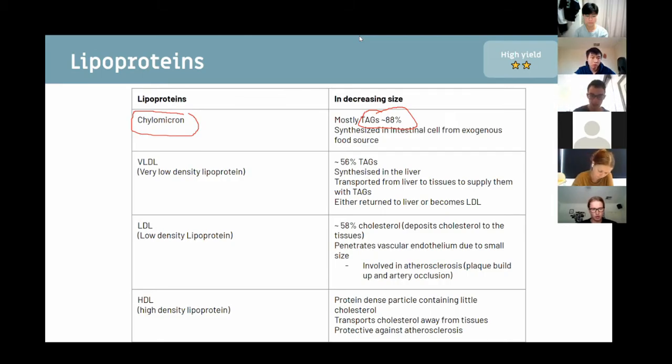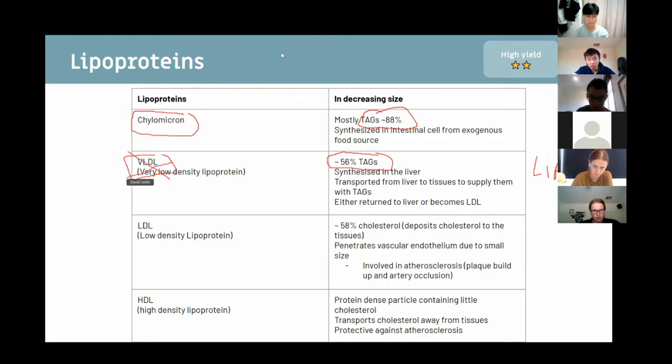In the lymphatics, they'll be broken down by lipases, which will release glycerol and fatty acids to the appropriate tissue that requires it. As this is occurring, you're losing fatty acids. And once you get to around 56% TAGs, you have something called a VLDL, a very low density lipoprotein. These can be transported. No, sorry, not yet.